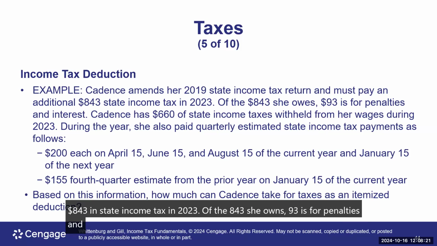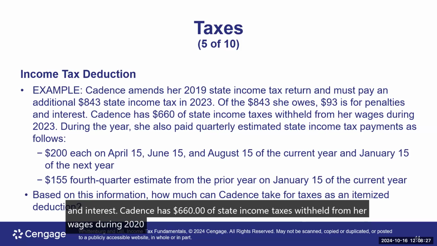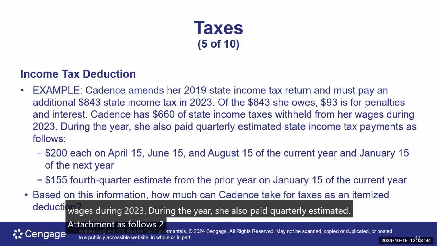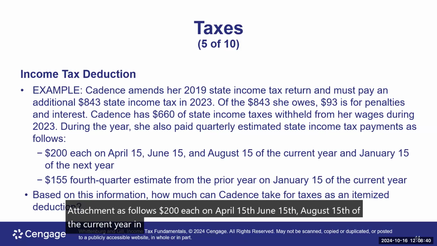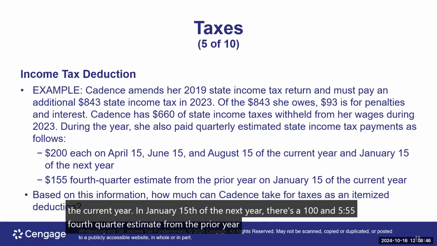Cadence has $660 of state income taxes withheld from her wages during 2023. During the year, she also paid quarterly estimated state income tax as follows: $200 each on April 15th, June 15th, August 15th of the current year, and January 15th of the next year. There's a $155 fourth quarter estimate from the prior year paid on January 15th of the current year.